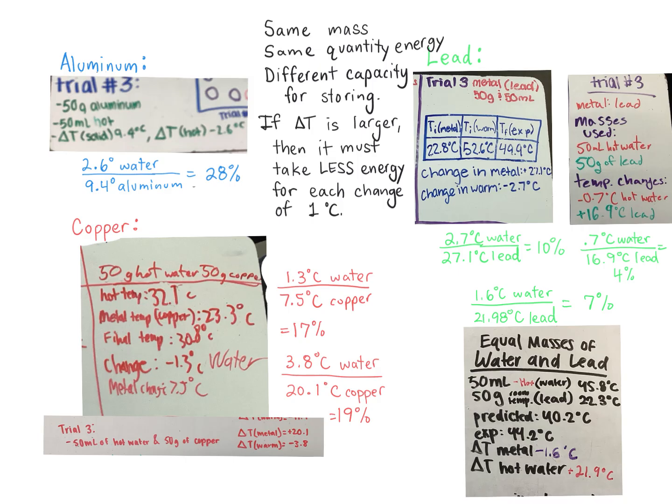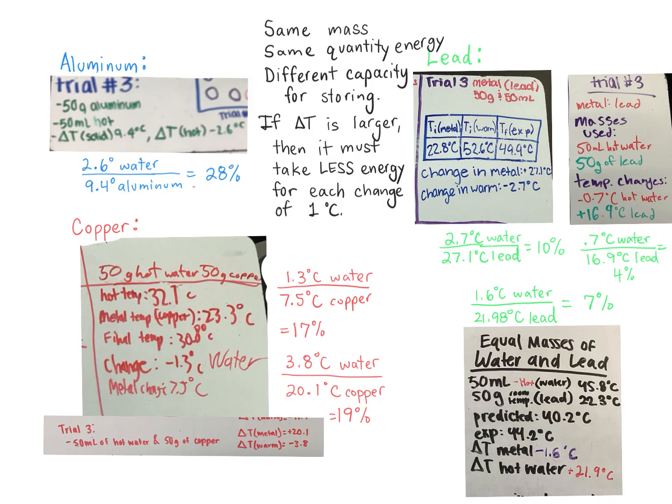I found 2 different teams' data for copper, and I again compared the water temperature change to the metal temperature change, and for the 2 different teams, it's a pretty similar ratio of water temperature change to copper temperature change, and I got 19% and 17%. And that suggests that copper's heat capacity must be smaller than aluminum's heat capacity.